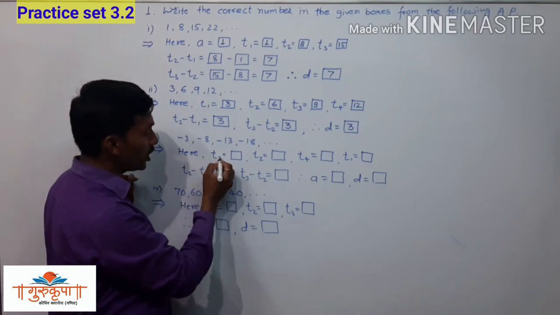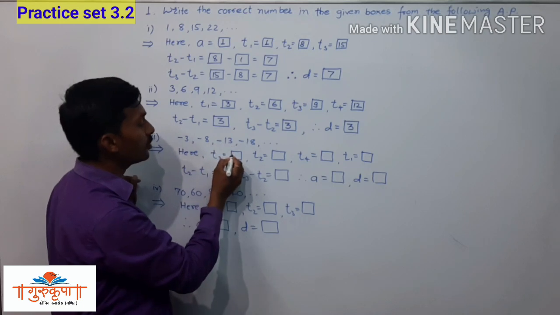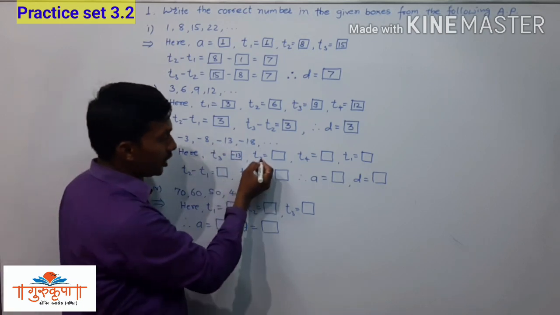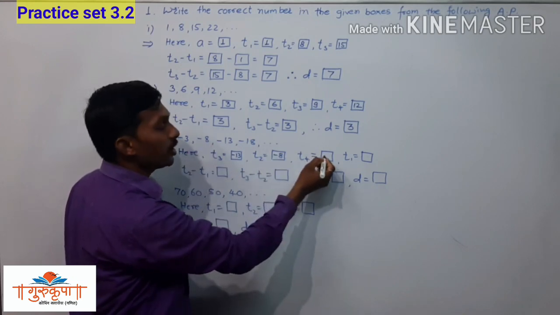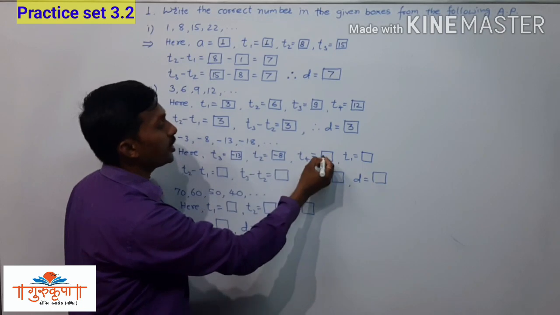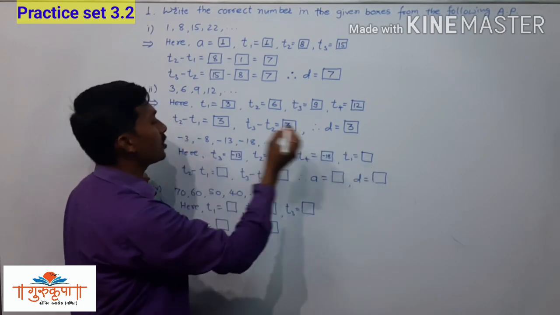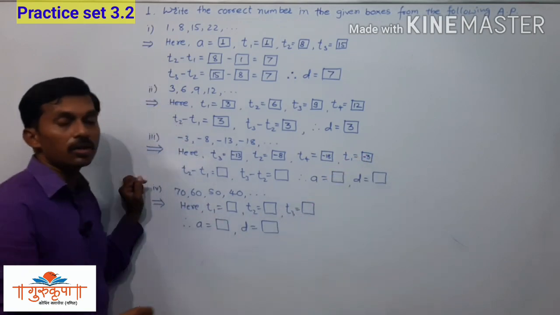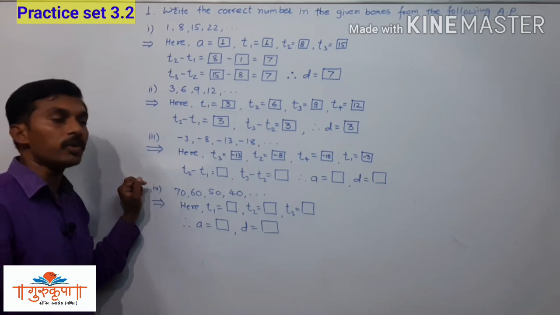We first write the third term, T3, which is minus 13. Then T2 is minus 8. Then T4 is minus 18. And T1 is minus 3. This is very important: the order of the terms is changed, so you have to take care about that.